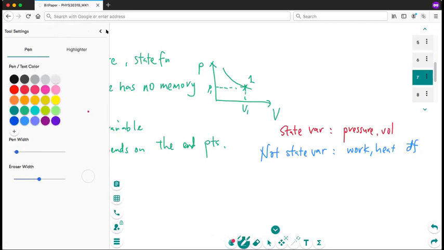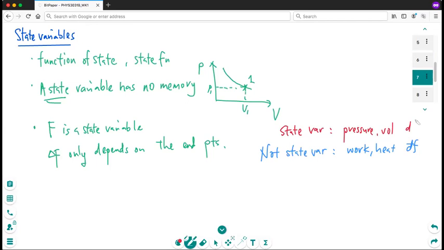So if you have a state variable, this will be df. If your variable is not a state variable, not a function of state, I put a bar to denote the differential. So if you have df, the usual one, this differential is called the exact differential.